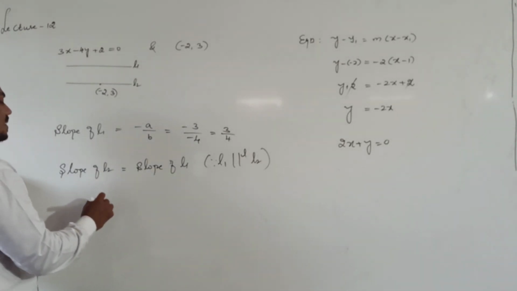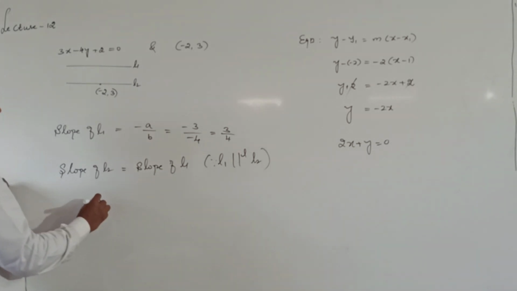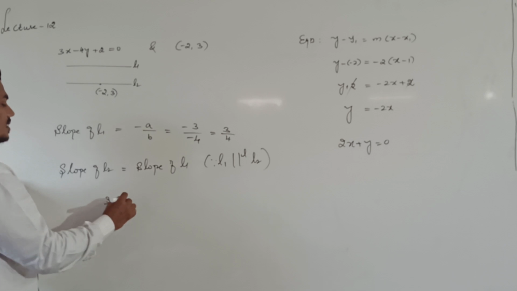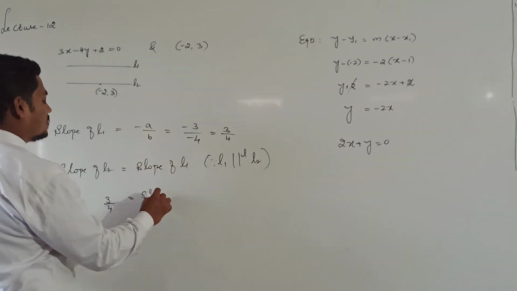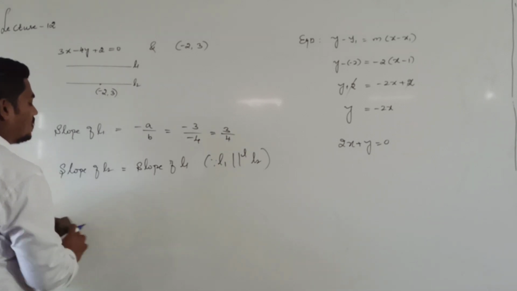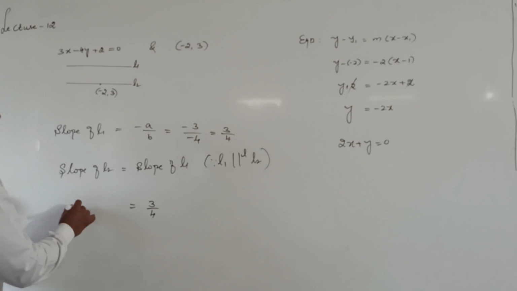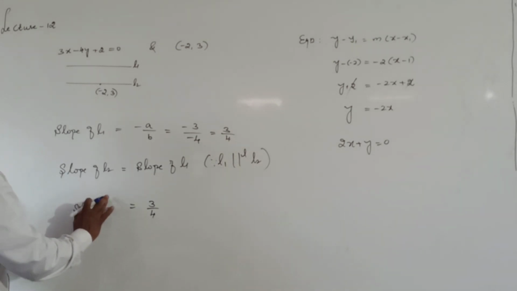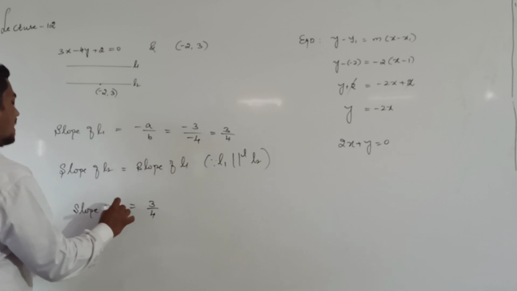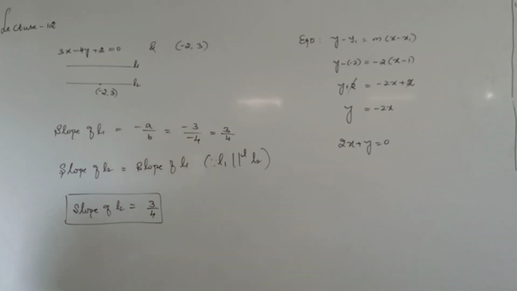So the slope of L2 is the same as the slope of L1, that's equal to 3 divided by 4. So the slope of our required line, L2, is 3 divided by 4.